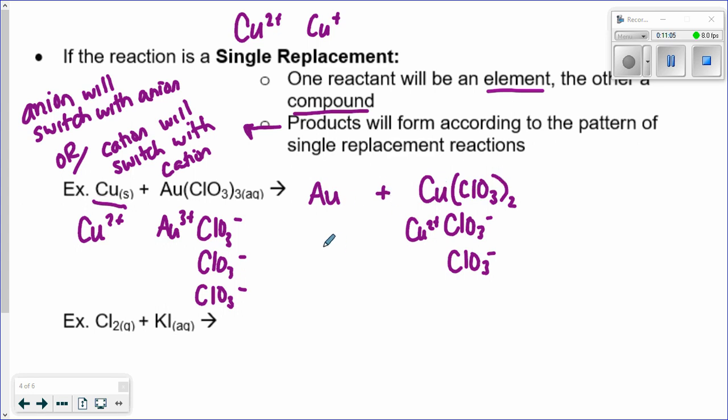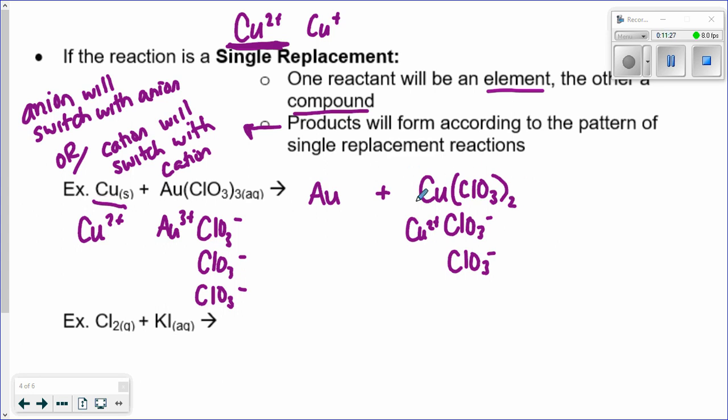On a question like this, if you pick the wrong one, I'm probably not going to be too stinky about it. I try to always make it so that you have enough information. But for this copper, you should have chosen the more common one, which is the one on top in the periodic table. That gave us our copper 2 chlorate, and that balanced out like that.